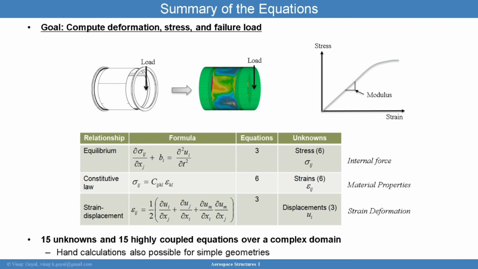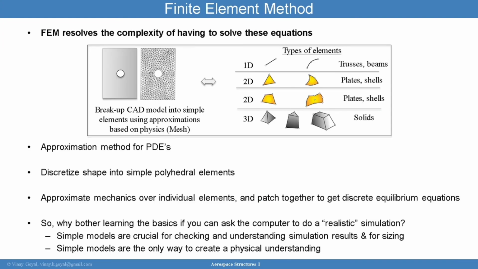And so what is this other solution we may have to be able to solve these equations? And that brings us to finite element modeling. Finite element modeling resolves the complexity of having to solve these equations. You have this CAD model, and we break up the CAD model into elements.